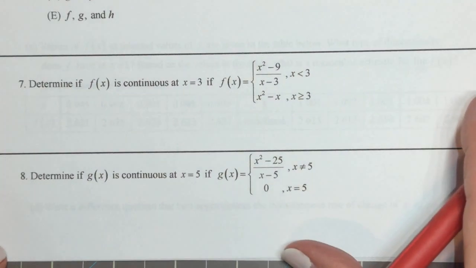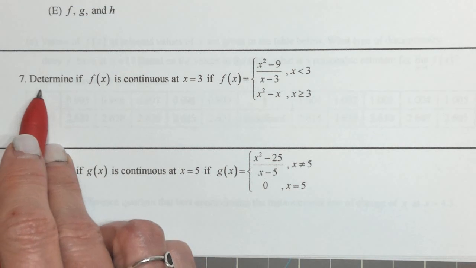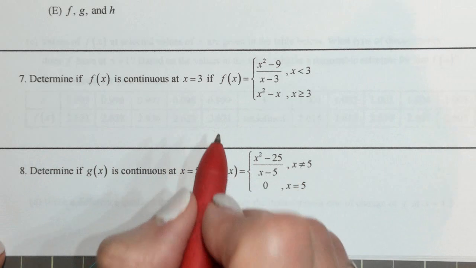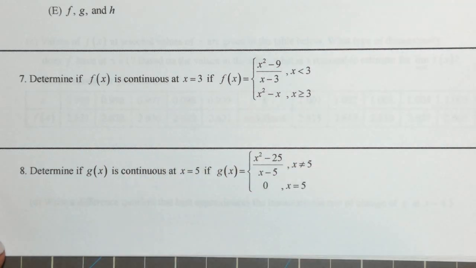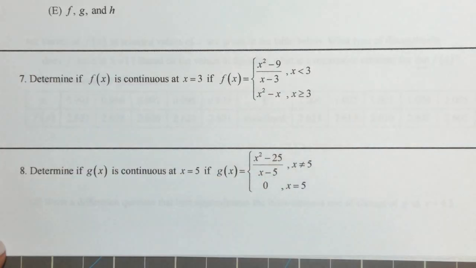Okay, determine if F is continuous. Now, this is an FRQ, so to determine if F is continuous, we must show the limit from the left, the limit from the right, and F at 3. Okay, so let's do that.